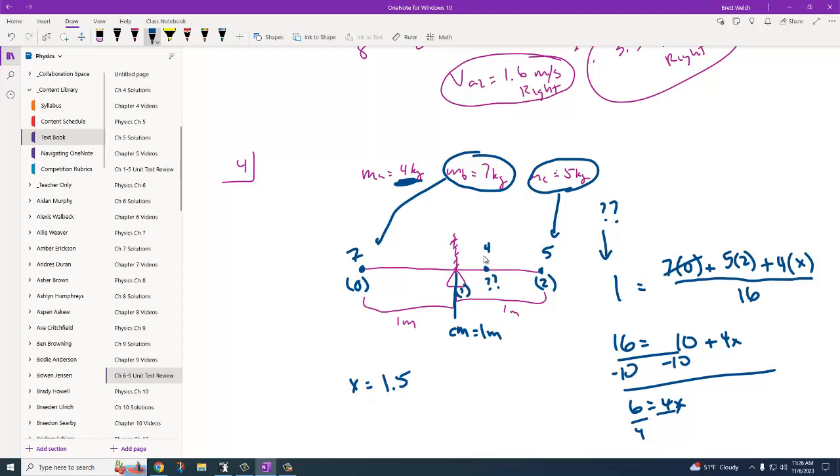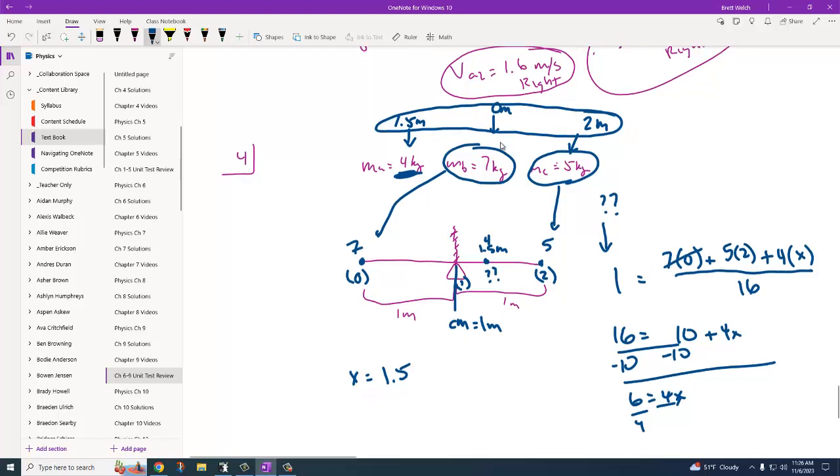That means that this 4 kilogram mass should be at 1.5 meters. And so we can write ourselves a little note. 1.5 meters for this guy. For the mass of object B, we're going to put 0 meters. And for the mass of object C, we're going to put it at 2 meters. And that's where we put the 3 masses.